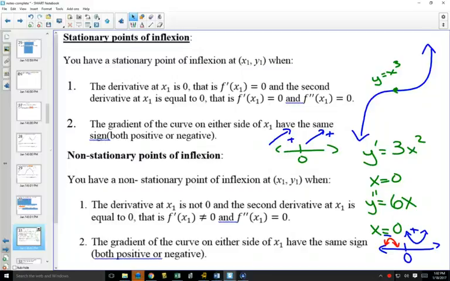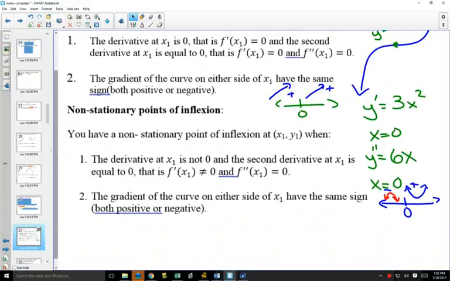Part 2 of this says the gradient on either side of your point have the same sign. So here I'm going to do a point, and I'm going to have concave up before that point and concave down after that point. So maybe it's some sort of x cubed graph, or maybe it's a sinusoidal. But what they're trying to say is, what is the slope of the tangent on this side?